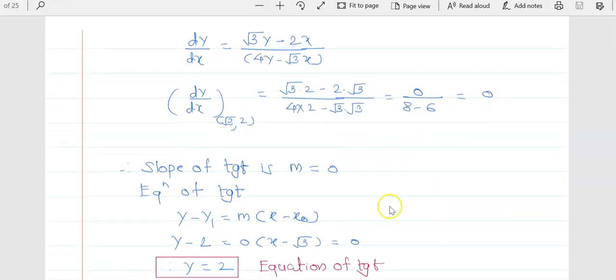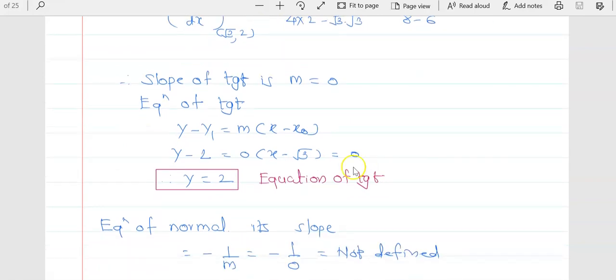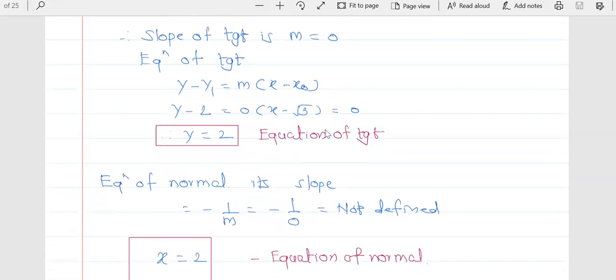Now the slope of the tangent is m = 0. Therefore, its equation of the tangent is y - y1 = m(x - x1). Put the values: y - 2 = 0(x - √3), that is y = 2. This is the equation of the tangent, and this is nothing but the line which is parallel to the x-axis and its slope is 0.